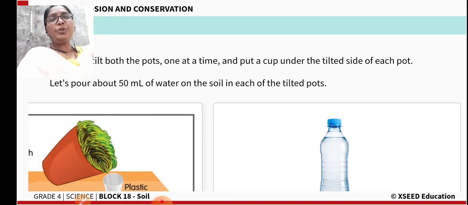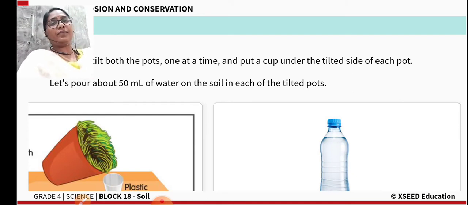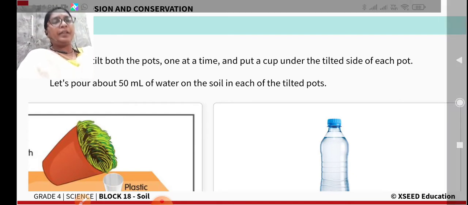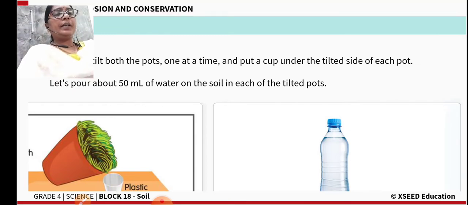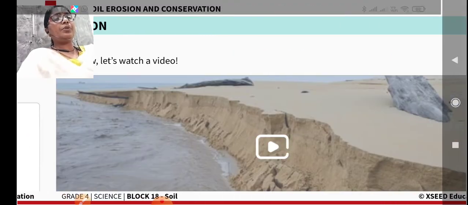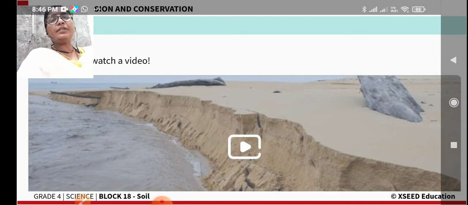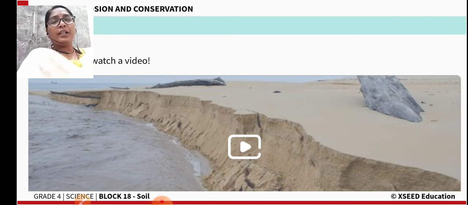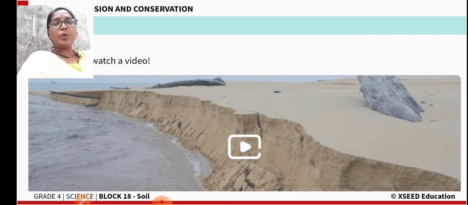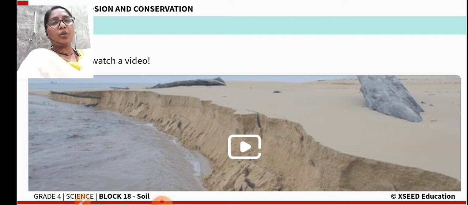So we have to stop soil erosion so that it would be a benefit for us. Yes. Now how to stop the soil erosion, how to conserve the soil, we will discuss after watching this video. So to understand more about soil erosion, watch this video.